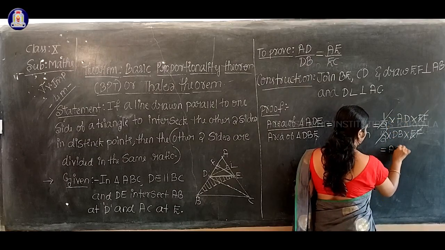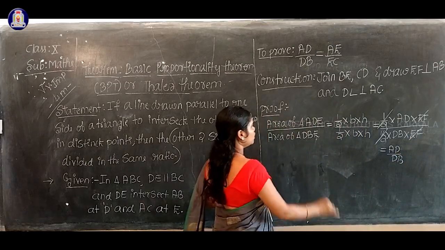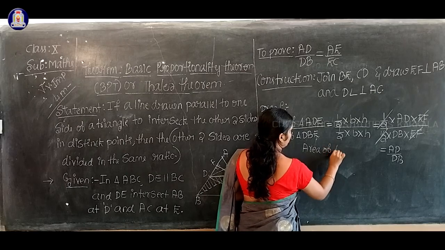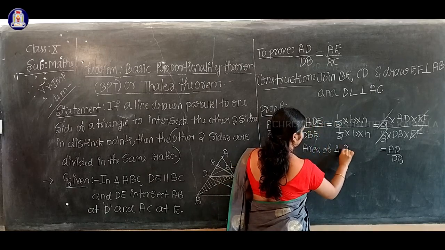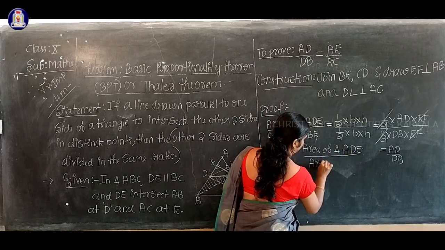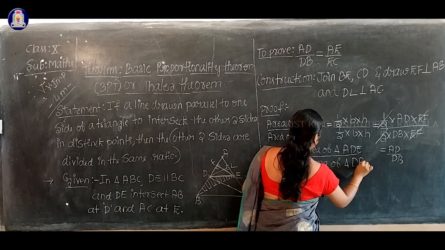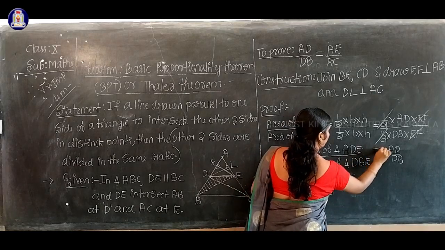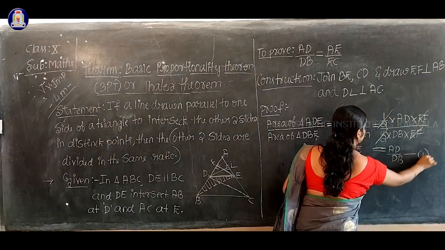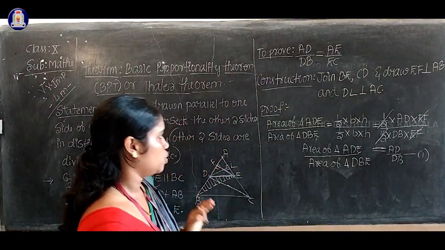So therefore you can say area of triangle ADE by area of triangle DBE is equal to AD by DB. Consider it as equation number 1.